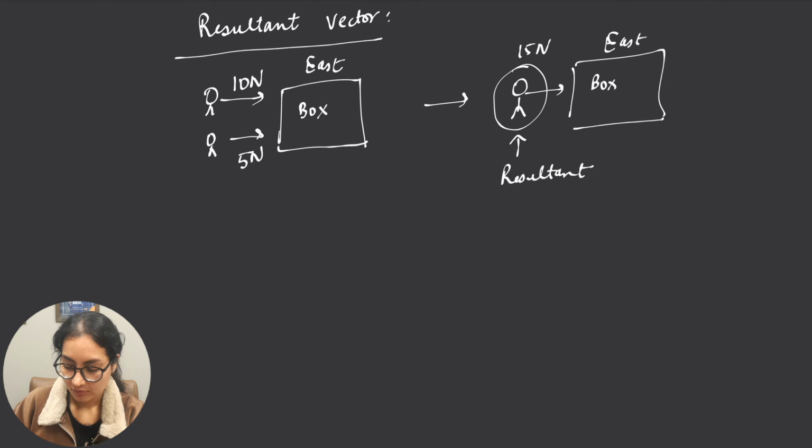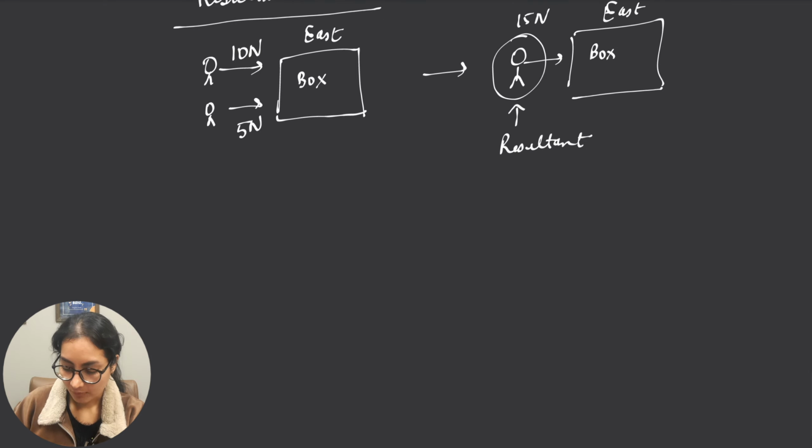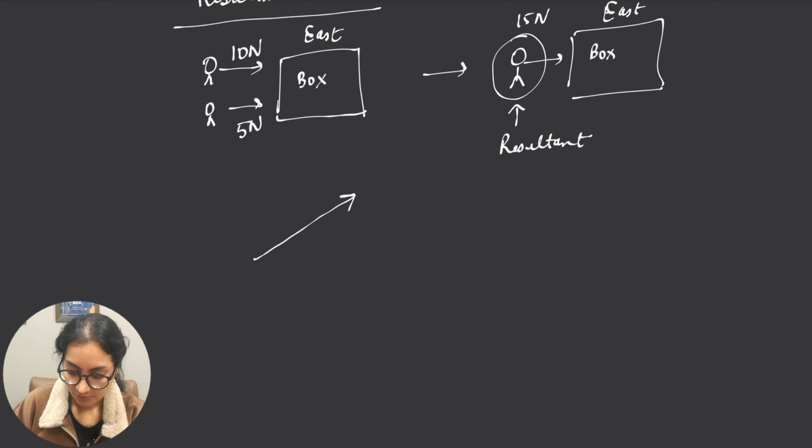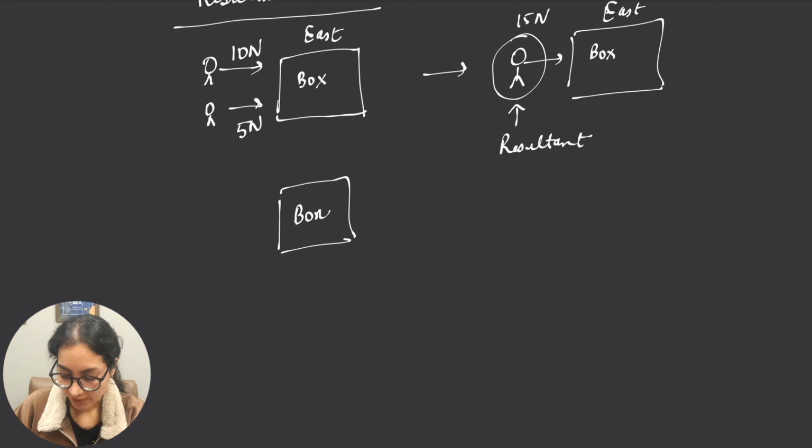But in this video, we will talk about how we can resolve one vector into its components, specifically how many components, because there can be any number of components of a vector. For example, if that box requires 15 newtons of force to push it in the east direction, I can hire 15 such persons that can each apply 1 newton of force.